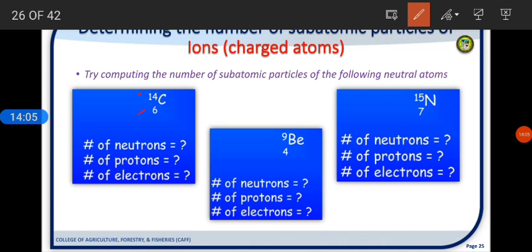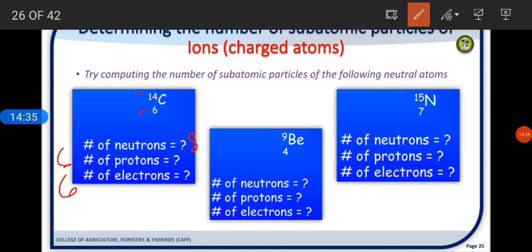So compute for the number of neutrons. 14 minus 6 is equal to 8. How about the number of protons? Since we have the atomic number 6, the number of protons is also 6. And how about the number of electrons? It is also 6.